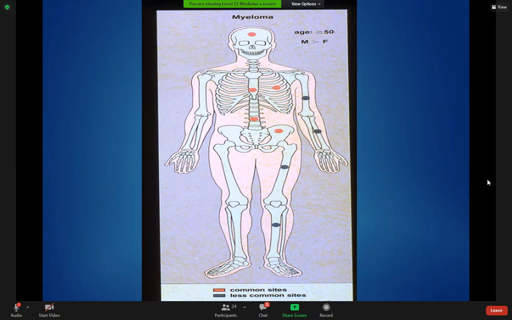Multiple myeloma. اختلفوا فيها هل هو is it a bone tumor or is it a hematological tumor or a hematological malignancy زي الليمفوما. Anyhow, it usually presents in the bone, or first presentation is in the bone.